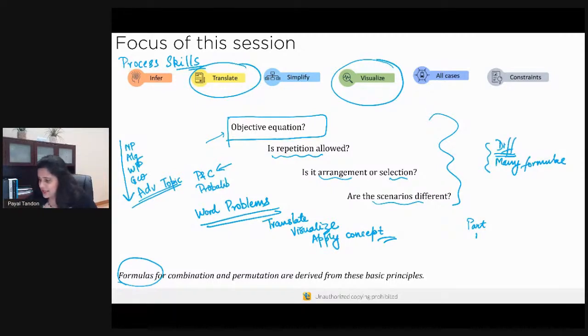Because the key thing is, if on easy questions you have even an iota of confusion about whether you should do this or that, that is a very big sign that you don't have the level of conceptual clarity that you need to have. So part 1 is easy. I want you to question, am I absolutely confident in each and every step that I have done?